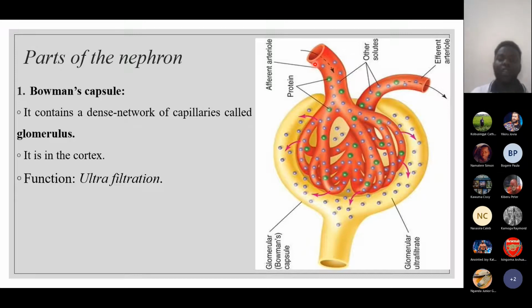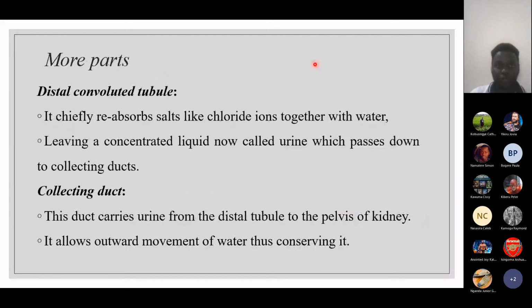This pressure buildup is going to cause small molecules to be pushed out through the permeable walls of the glomerulus. As they are pushed out, they are collected in the Bowman's capsule, and then they are filtered into the proximal convoluted tubule.